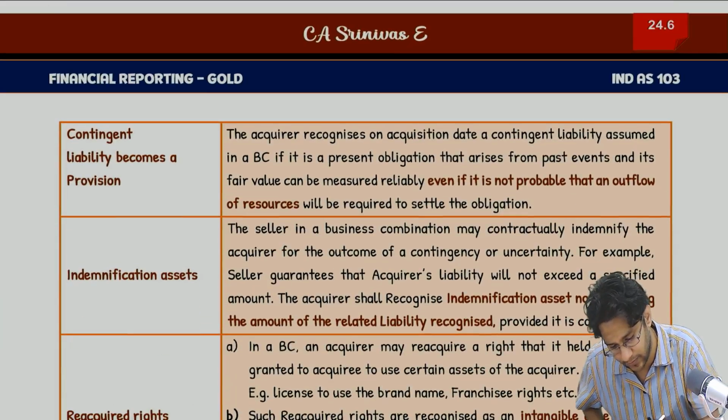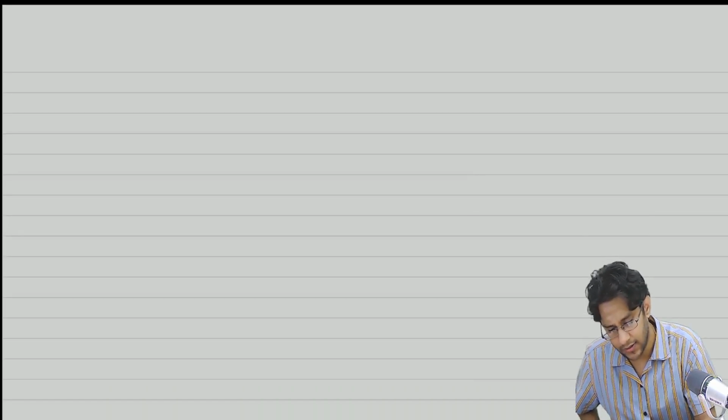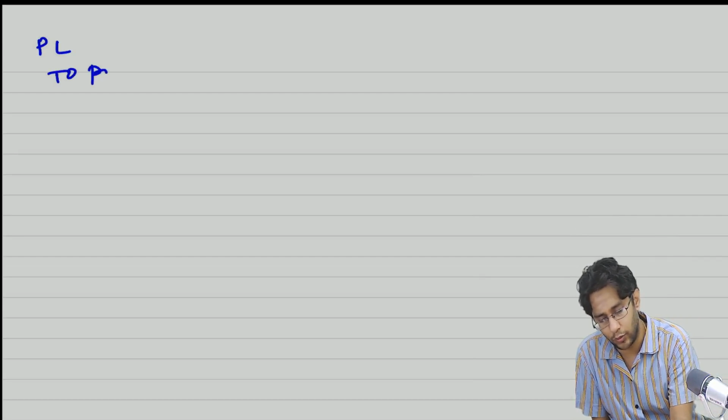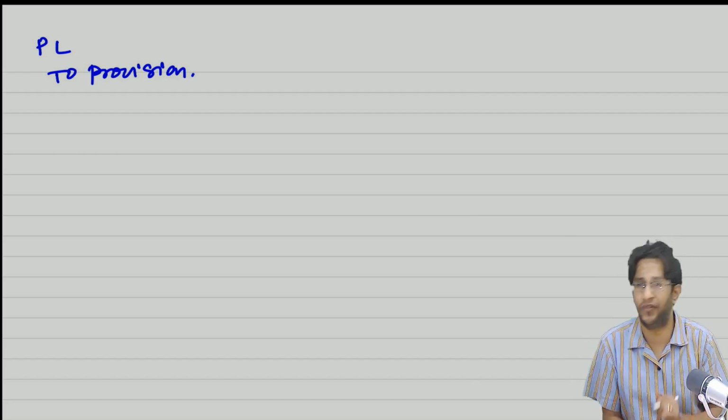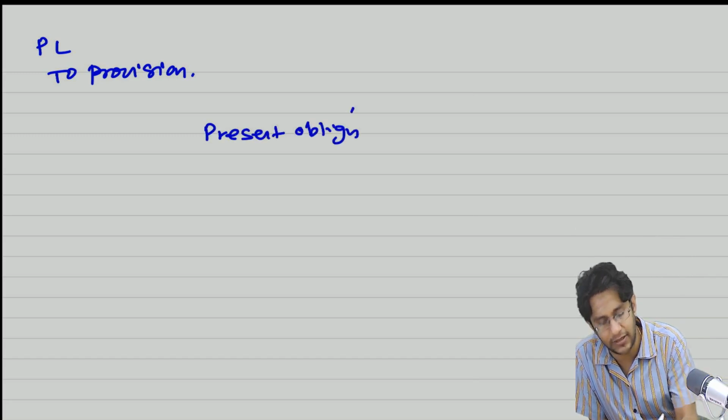This is one exception. Next, contingent liability case. See, if you have to recognize a provision, P&L account debit to provision, if you have to write this entry for any general provision under the scope of Ind AS 37, there are three conditions. One is there should be a present obligation arising as a result of past event.